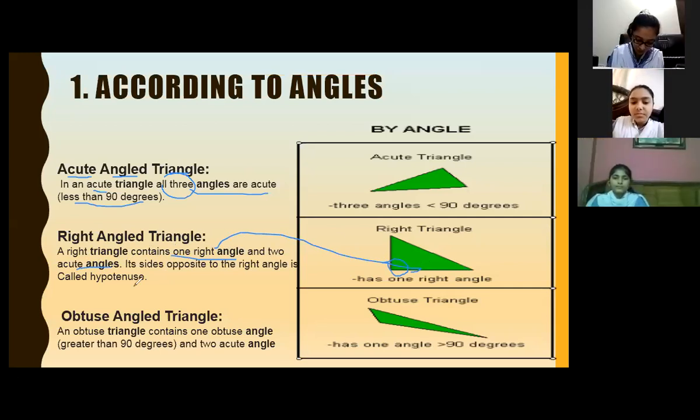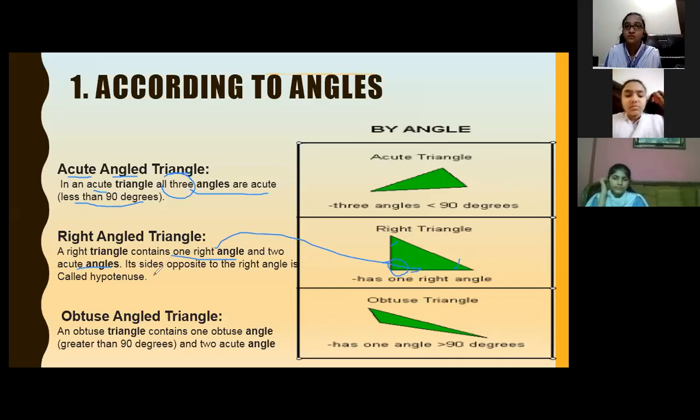So Iman, I can give you the objective: a right angle triangle containing two right angles and one acute angle, so it's false, right? So be attentive while you are attempting true and false. A right angle triangle contains only one right angle and two acute angles. Here we can see that two acute angles are here. Once again, it contains only one right angle.